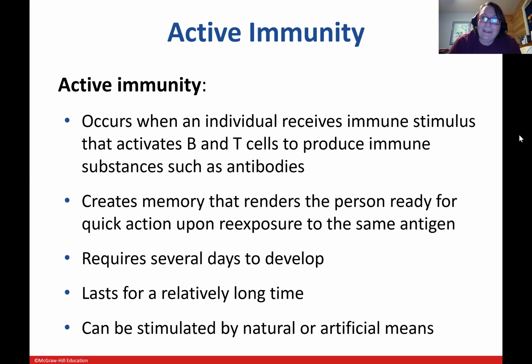So there are some vaccines that require multiple doses at the beginning, and then there are other vaccines that require booster doses. So tetanus is a good example. You need a new tetanus shot every 10 years and every 5 years if you're in a situation where you're most likely to be exposed. So if you work on a farm, every 5 years. The active immunity can be stimulated by either natural, like you get sick, or artificial means, like you get a vaccine.